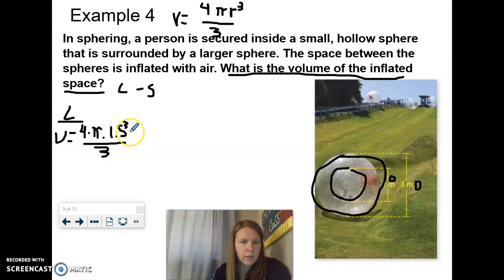So I would plug this in a calculator. First, take 1.5 to the third and figure out what that is. All right, I get 3.375. Then I'm going to multiply by 4, and multiply by my pi, and I'm actually using the pi button.